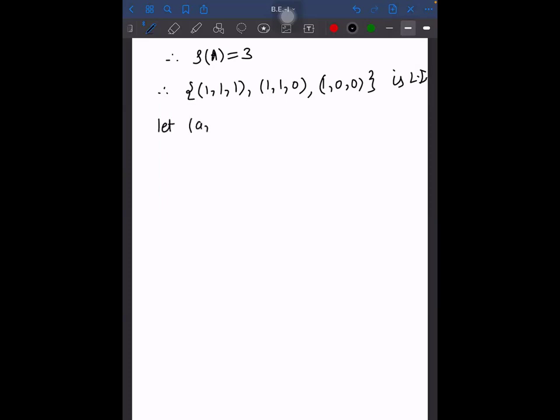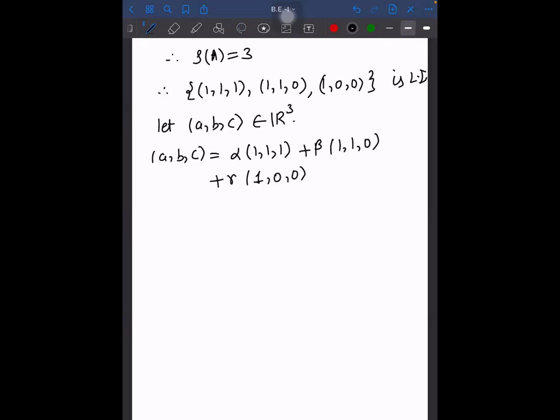Now you pick any vector from R3, right? So you assume that this vector can be written as alpha times 1, 1, 1, plus beta times 1, 1, 0, plus gamma times 1, 0, 0. So again, A, B, C. So here, the first component will be alpha plus beta plus gamma.